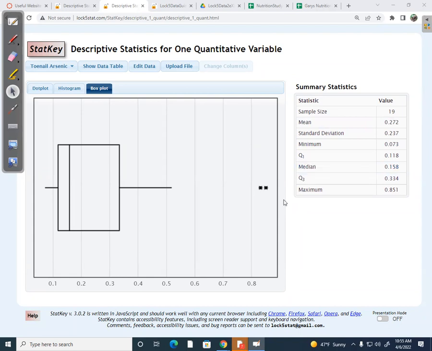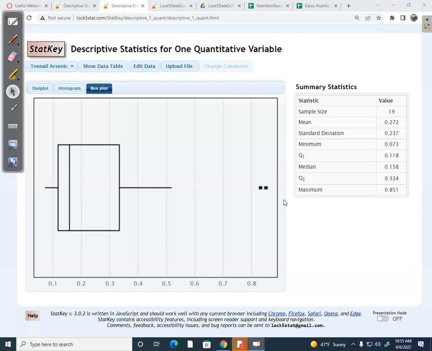So what I can say is the lower half of toenail arsenic measurements are narrowly squeezed in between 0.073 and 0.158. But the upper half of the data is widely spread out between 0.158 and 0.851, right? That's what the picture shows me here.